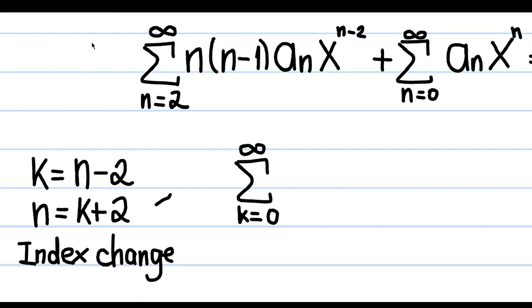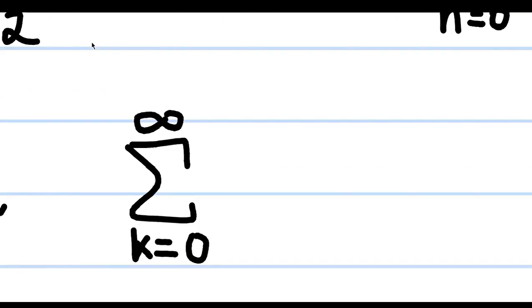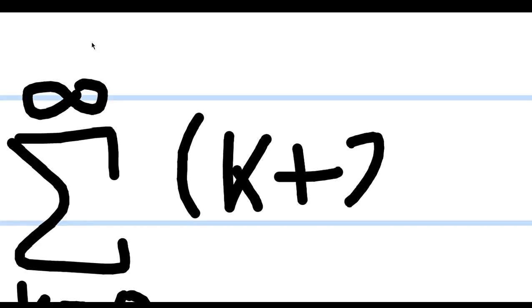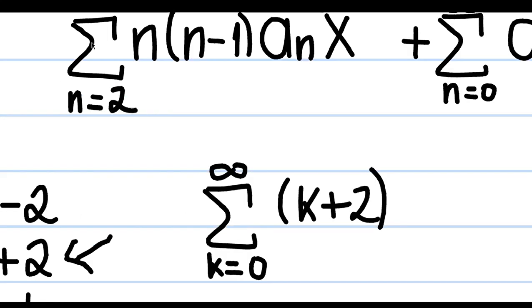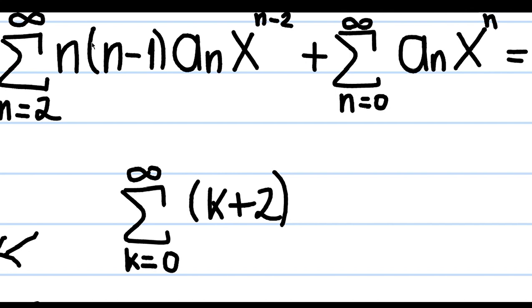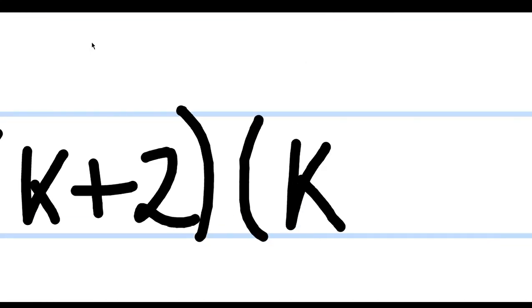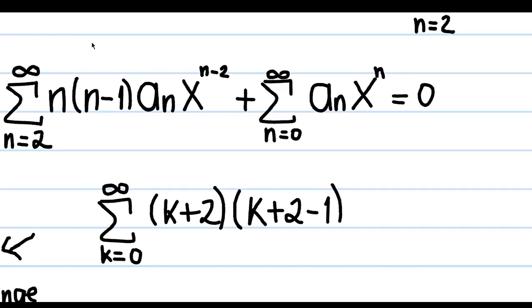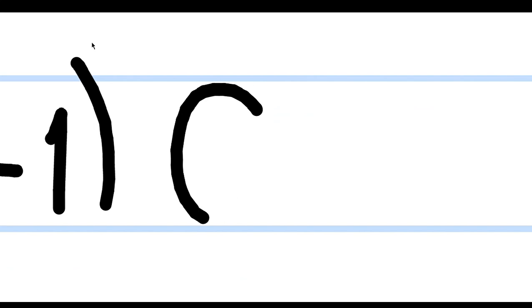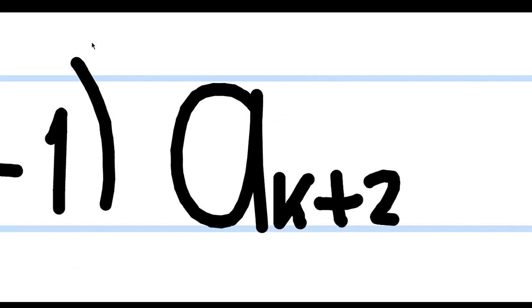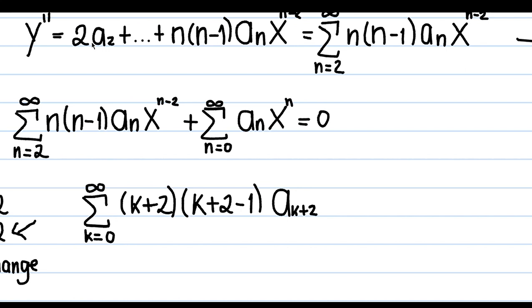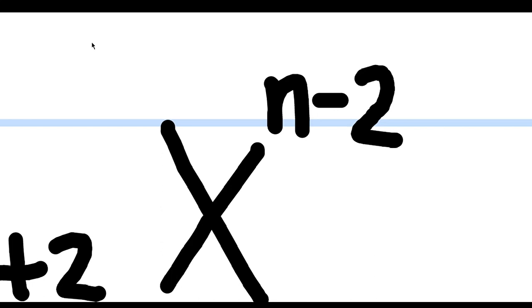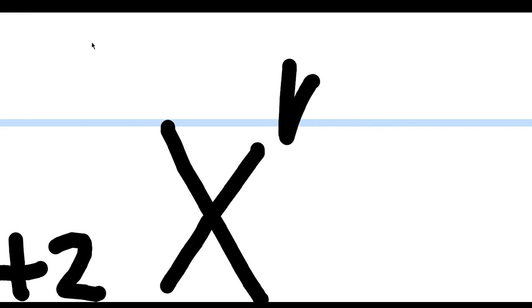And who is n? k plus 2. k plus 2 times n minus 1 would be k plus 2 minus 1. a sub n would be a sub k plus 2, and x to the power of n minus 2 would be k plus 2 minus 2.